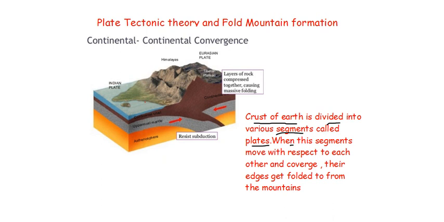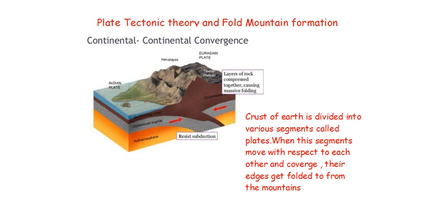Now when these segments move with respect to each other and converge, that means when these segments move towards each other, then their edges get folded to form the fold mountain.